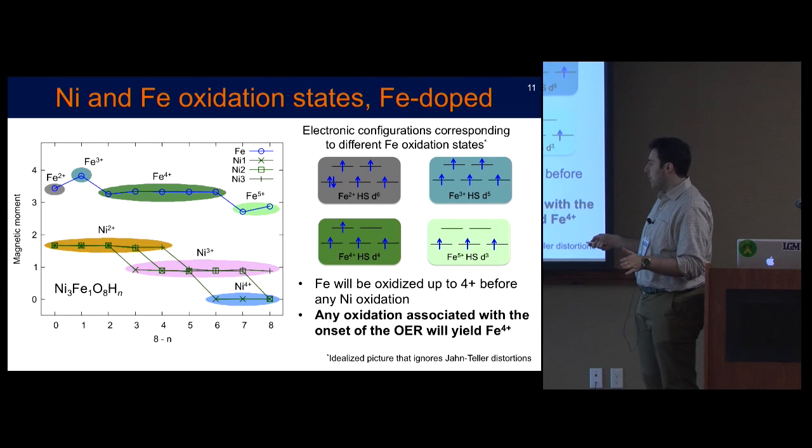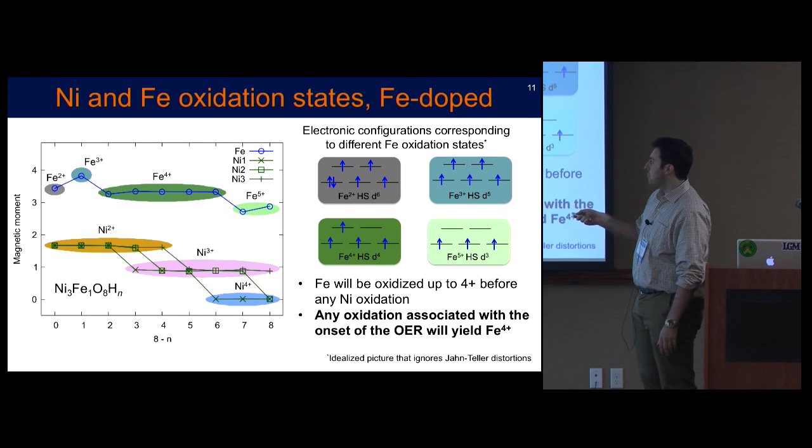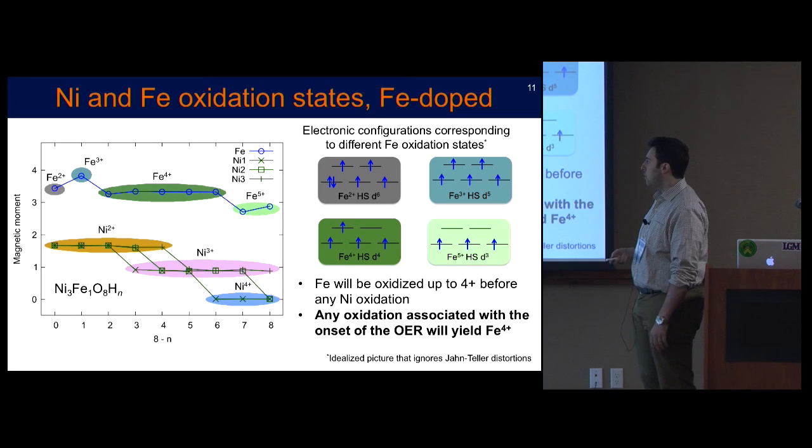I mentioned we start at n equals 7 or 8 minus n equals 1 here, where iron is pre-oxidized to the 3 plus oxidation state. At least that's where it's most happy, with a full complement of nickel-2.